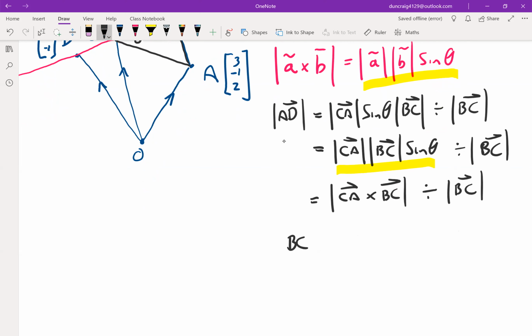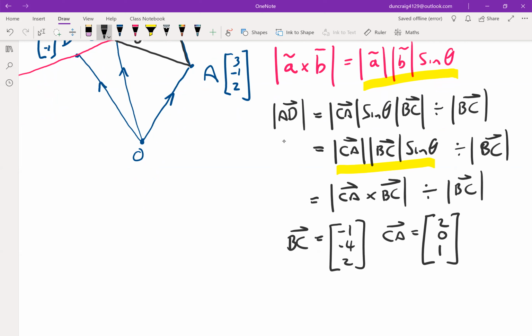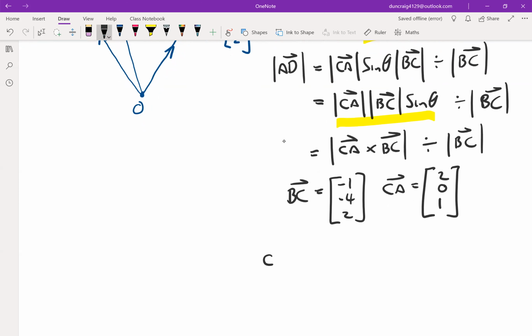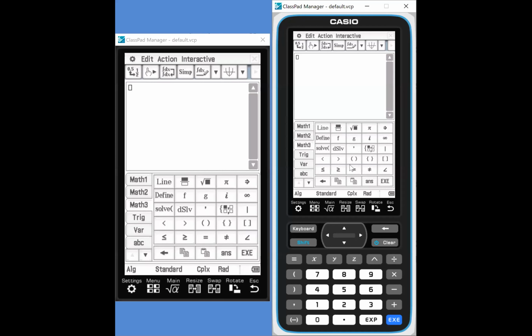So we'll just write, well, BC is equal to -1, -4, 2. CA is equal to 2, 0, 1. So I've got those ones there. Now, when we do the cross product, if I was to say, okay, what is CA cross BC? That is equal to, well, let's come to the good old ClassPad here and have a look.